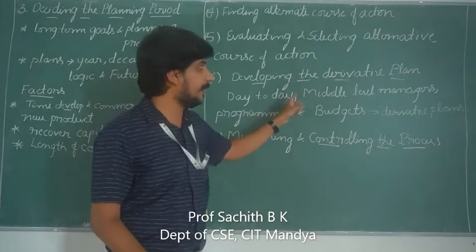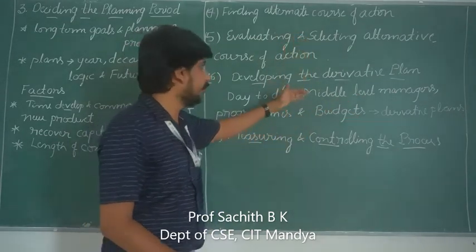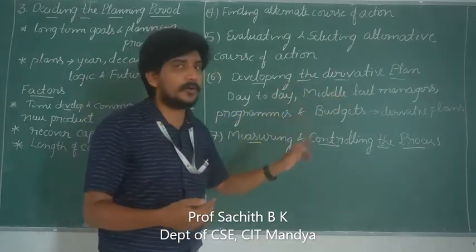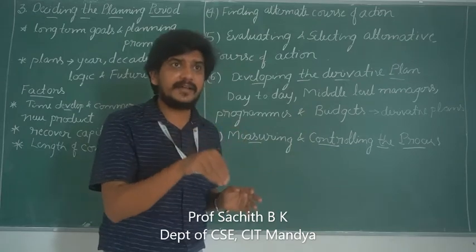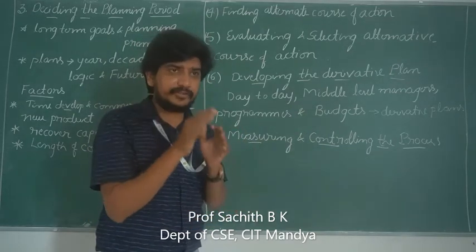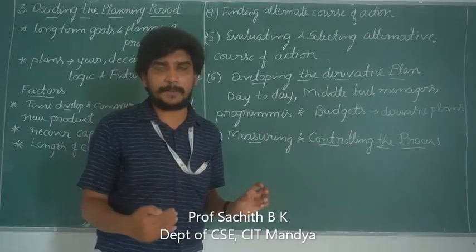Also, once the top level managers have made the plan, your middle level managers should properly make the necessary programs and budgets at their level, because the top level plan needs to be divided further into many middle level plans, many smaller plans.